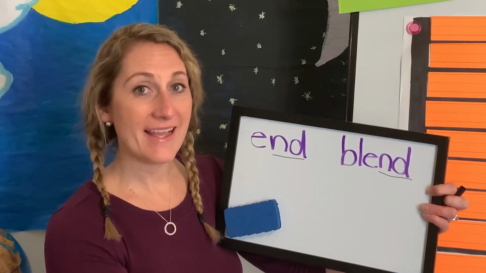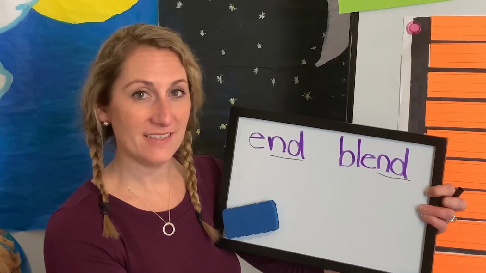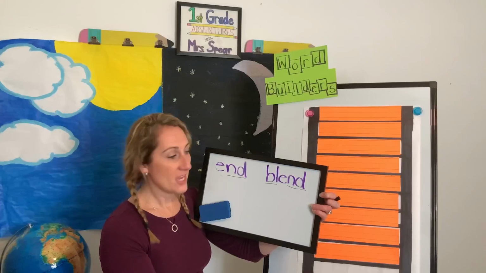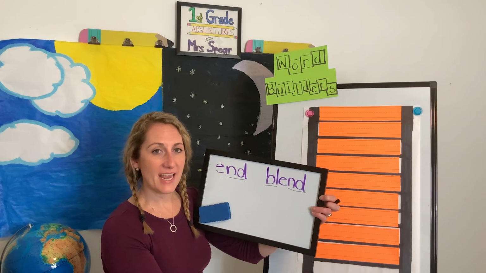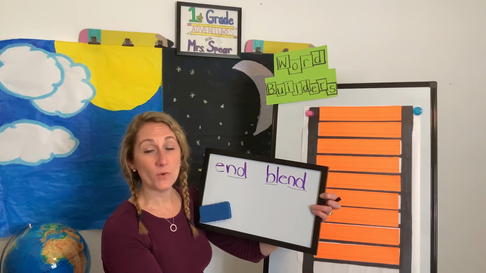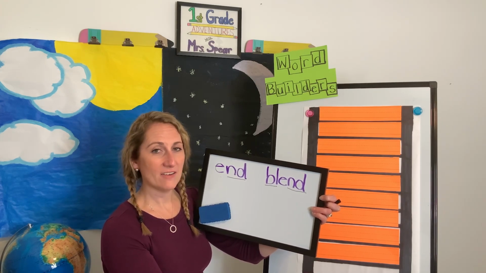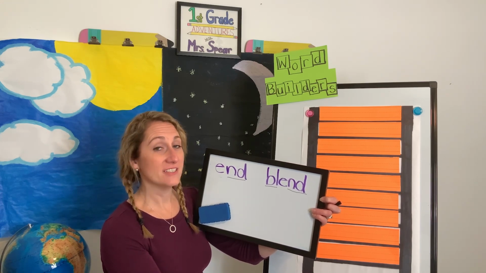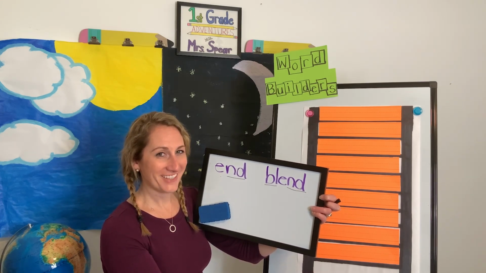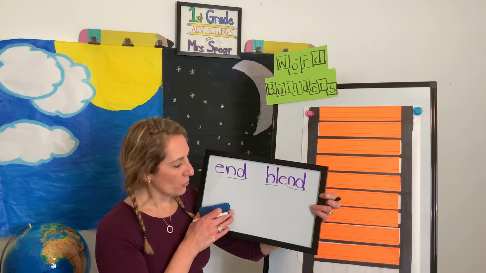And now let's say end. Can you say end? End. So today, I want you to remember that ND can say nd, and you often find that at the end of a word, especially when it's used as a blend. Can you say nd? Great. We're going to do two more.